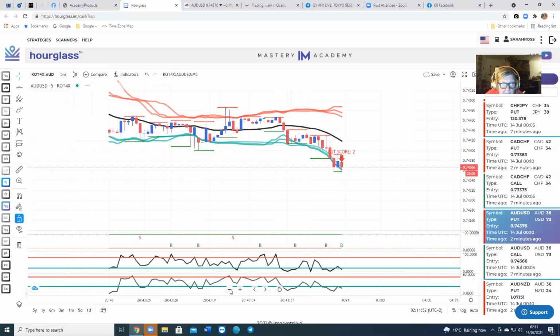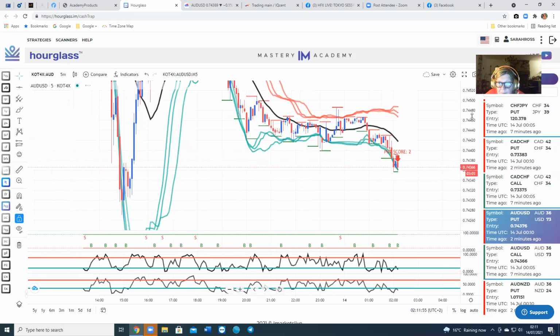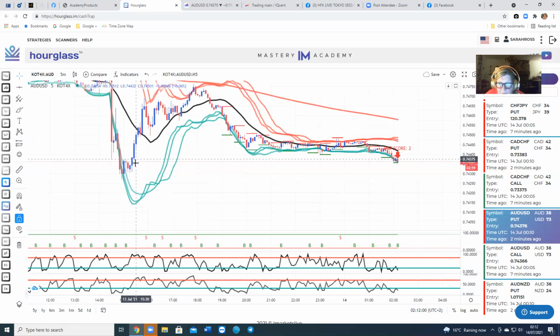Let's move this back here, just see what's gone on earlier on. So you can see it's just clearing out this area of money here. 345. Just write that down.